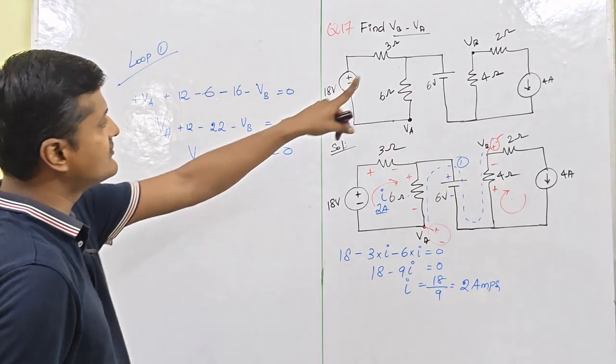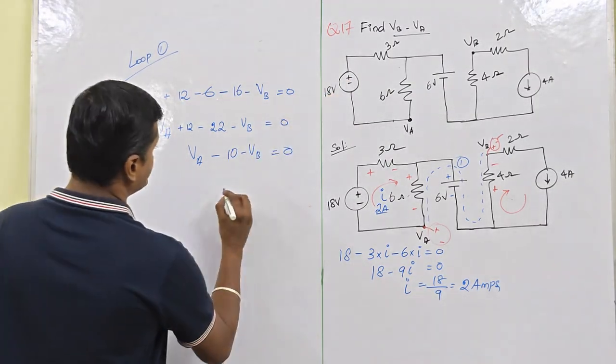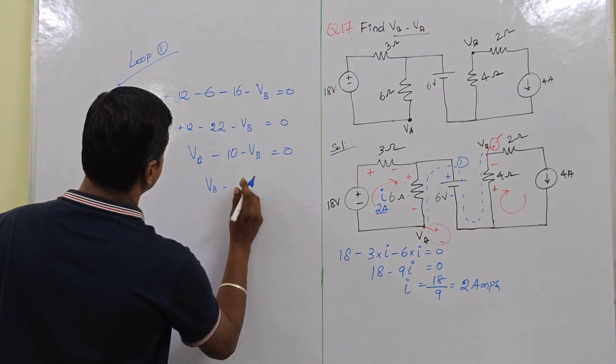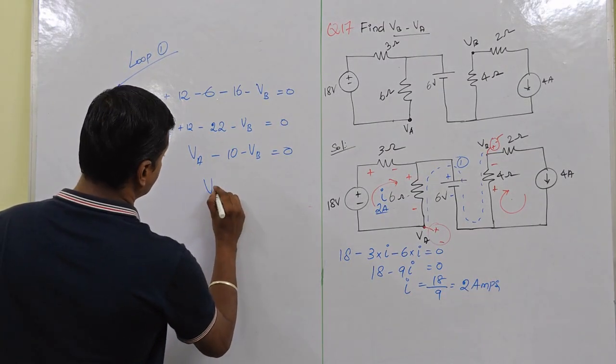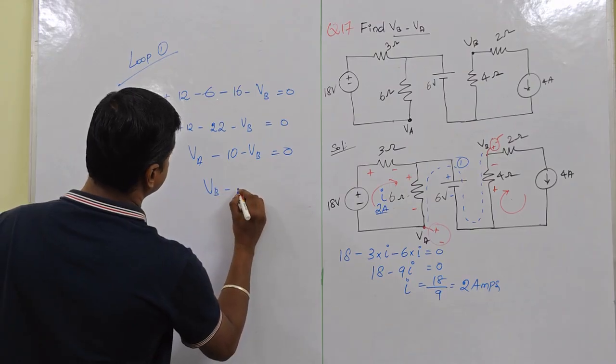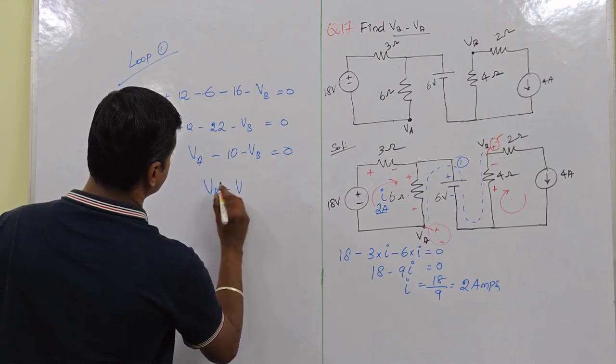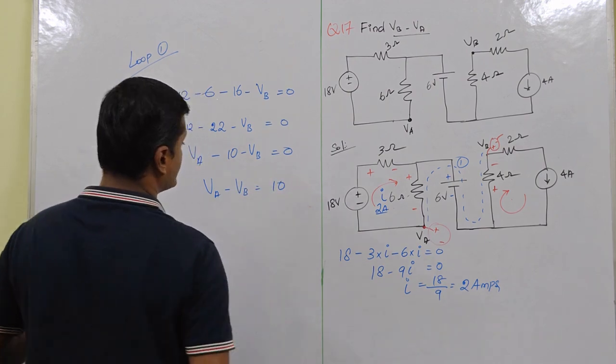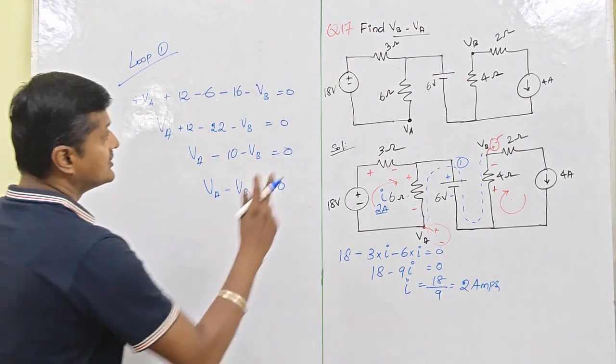So what do we need to find? VB minus VA. We get VA minus VB equal to 10. What do we need?